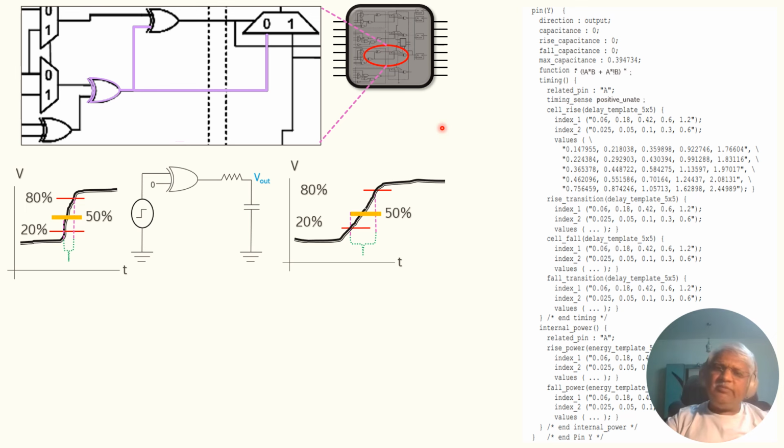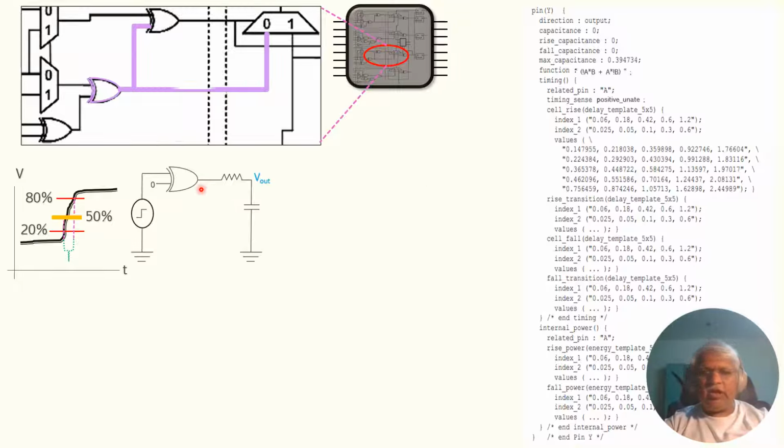However, if for some reason the load of this net changes and becomes more, how will it figure that out? That is the main point we are discussing. The slew becomes very large.